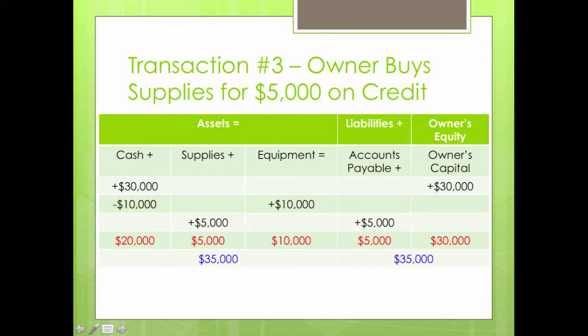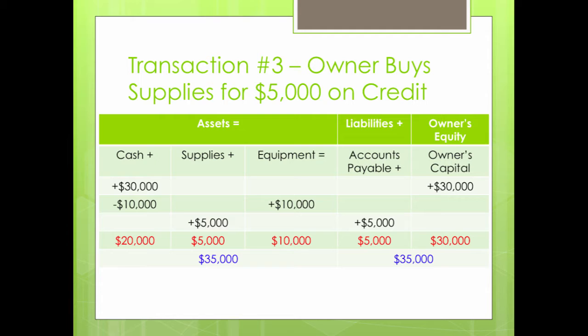And then you're going to ask yourself, will the transaction increase or decrease liabilities? Well, you're adding credit that you owe to the vendor, so this will increase your liabilities, and it has to be recorded as a positive $5,000 under the accounts payable within the liabilities component of the accounting equation, okay?